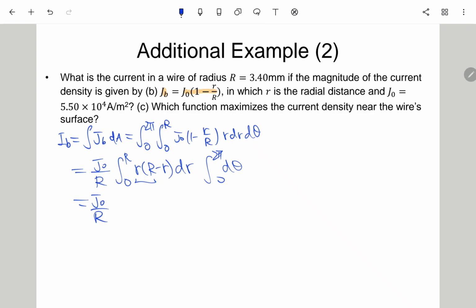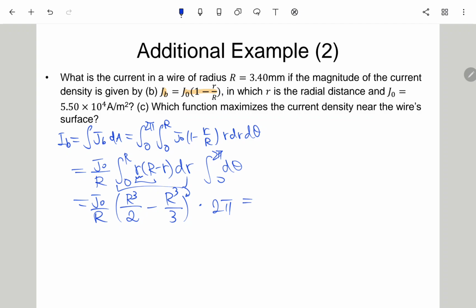And then we evaluate from 0 to R, it becomes R cubed over 2, because r is the only variable for the first term. And then for the second term, it is r squared, so the integration becomes R cubed over 3. So for this one, it becomes something like this, and then times 2 pi.